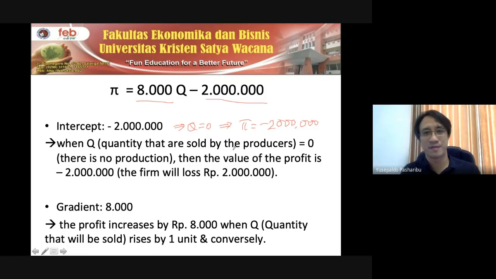When there is no production, the value of profit is minus 2 million. That means the firm will lose 2 million because this firm has to pay the fixed costs, for example the salary, even if there is no production.